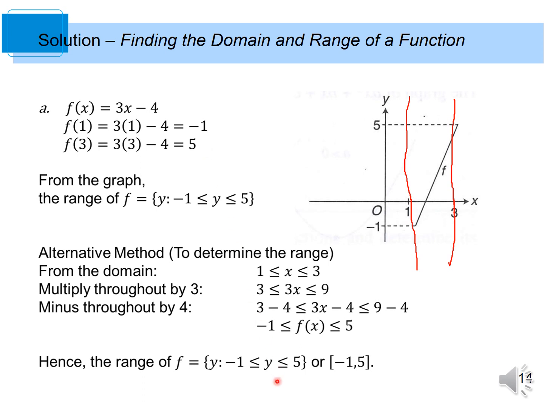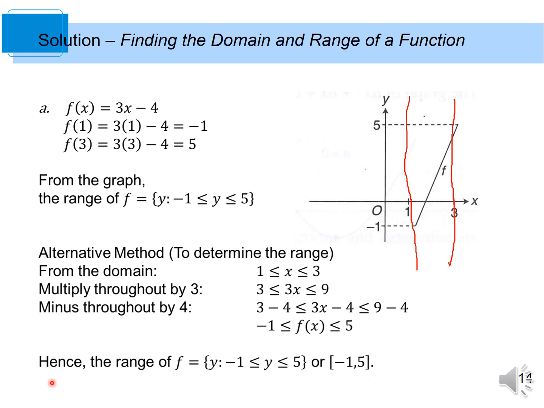Besides writing your answer in this form, you also can use the bracket system, where y includes -1, so you use a square bracket, as well as for 5 also included. Let's say 5 is not included. Then you need to use a round bracket.